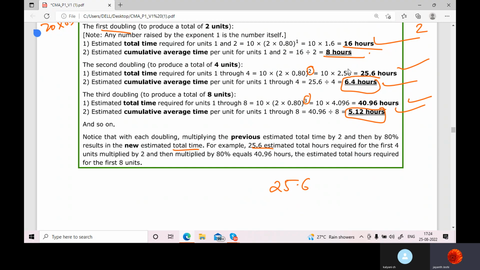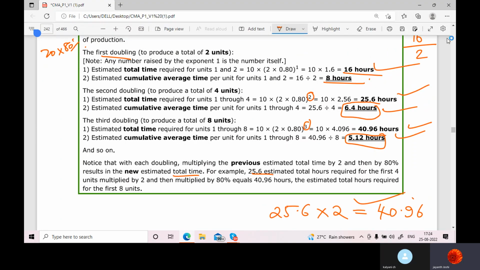Okay, this is for the first 4 units, no? Multiplied by 2 because you are doubling. If you multiply with 2, you will get 40.96. You are getting doubled or not? Yes, sir. Double.